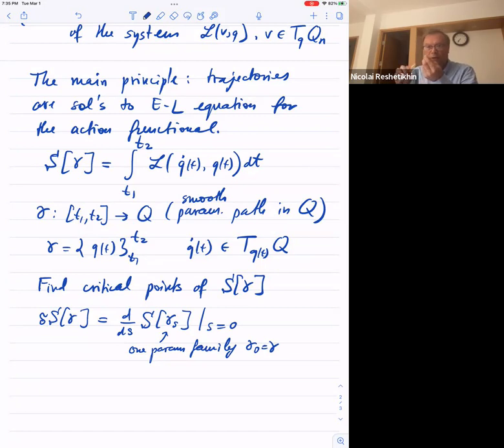It's just the same as a directional derivative. Imagine that you have a point, and then you have a path through this point, and the directional derivative of a function is just the derivative in the direction of the tangent vector to this path. It's the same, except that this path is in the space of paths.